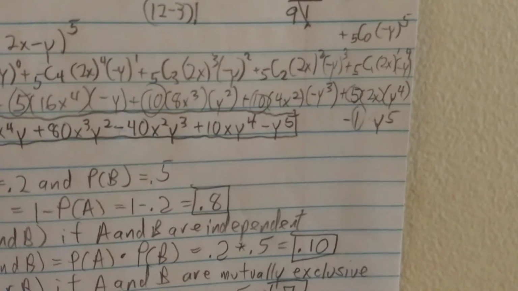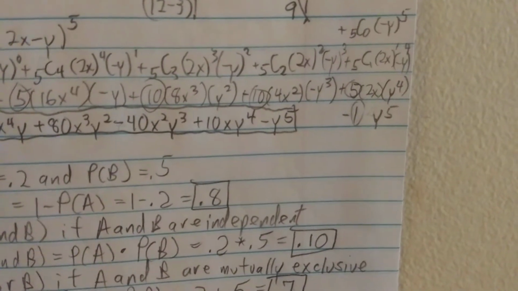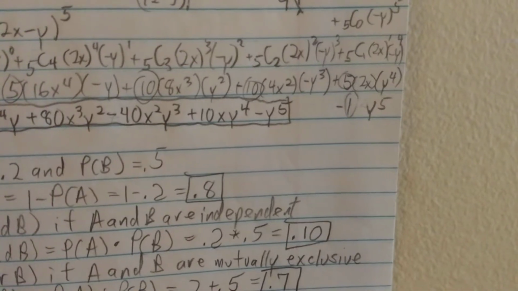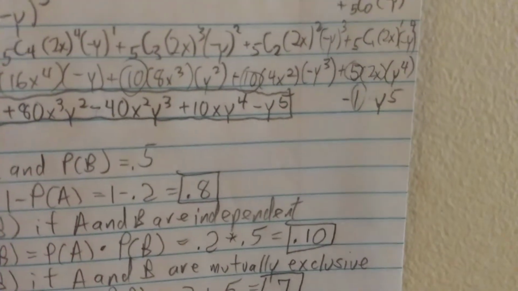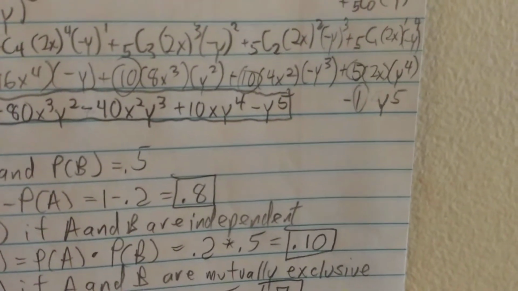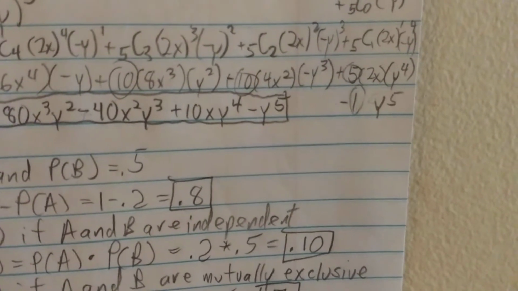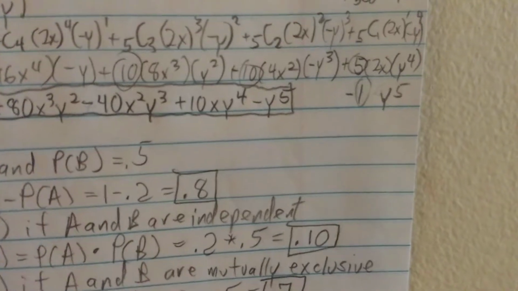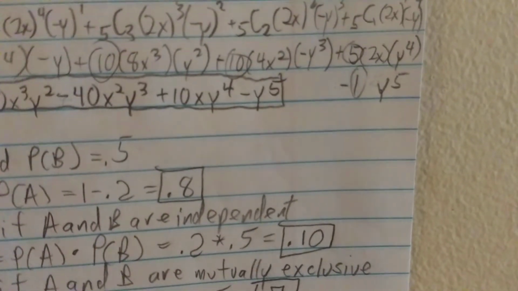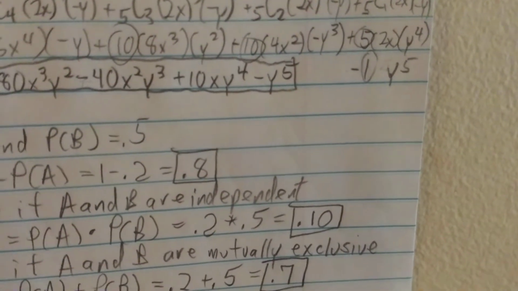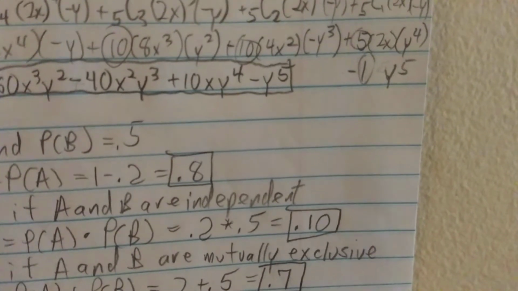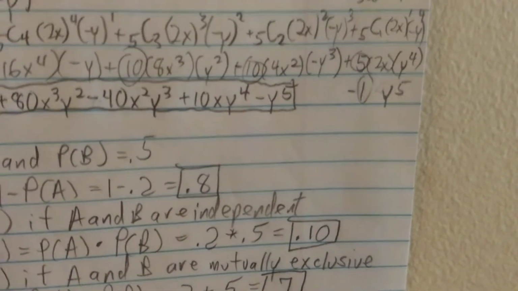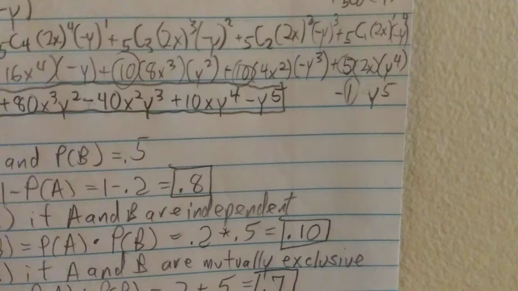Now the 4th term, 5C2, is also 10, and that's times (2x) squared, or 4x squared, times negative y to the 3rd, rather. And so that becomes negative 40 x squared y to the 3rd, because it's the negative for the y and the odd power.